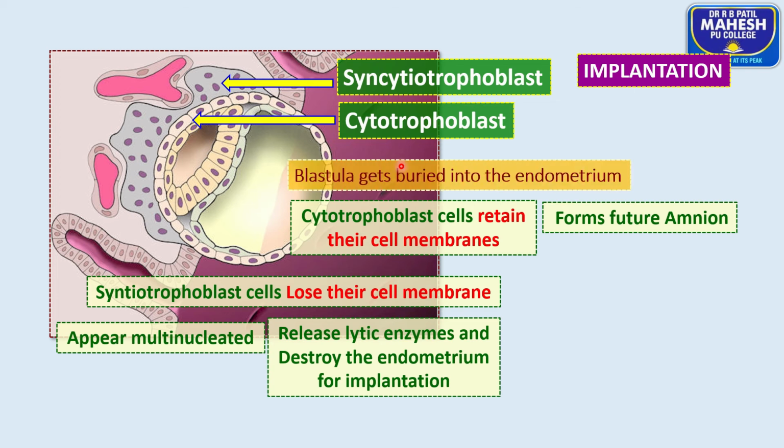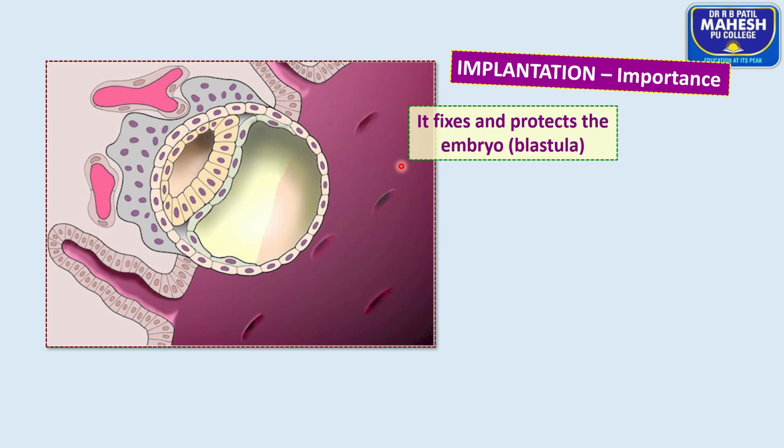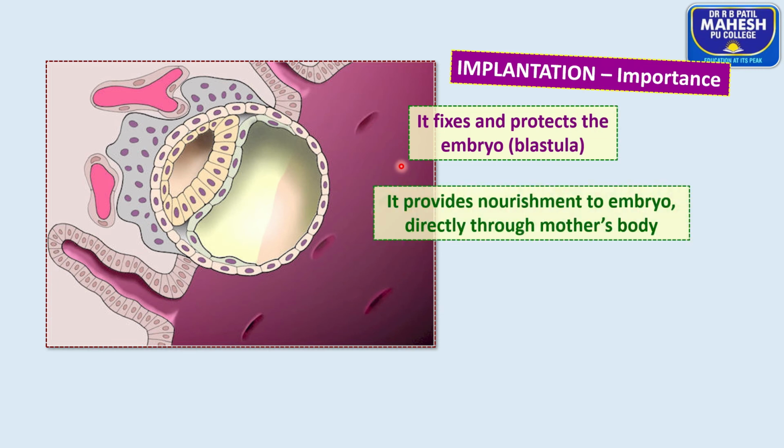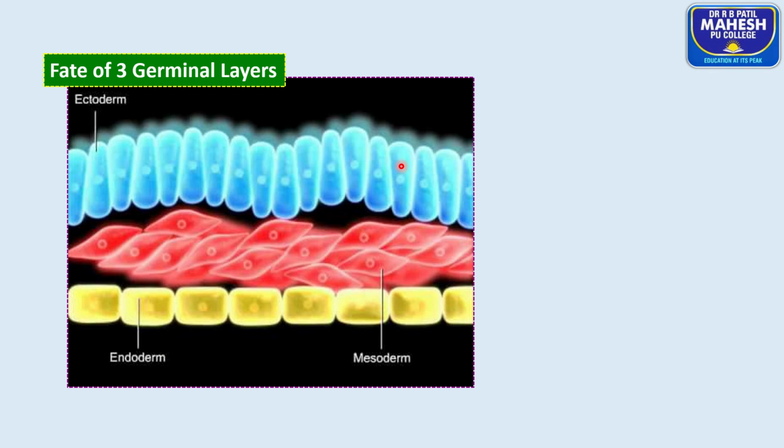So the blastula gets buried into the uterine endometrium. The importance of implantation: it fixes and protects the embryo, and provides nourishment to the embryo directly from the mother's body. Soon after implantation, the blastula enters into the gastrulation process.